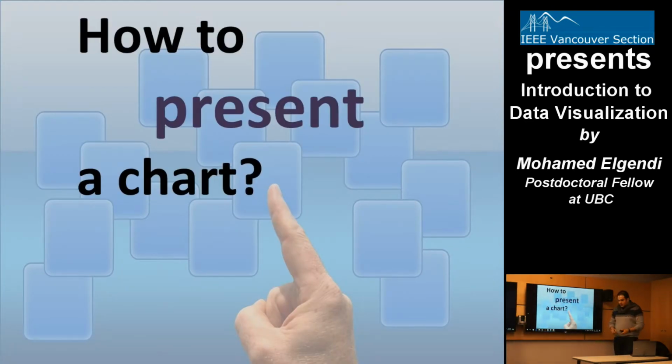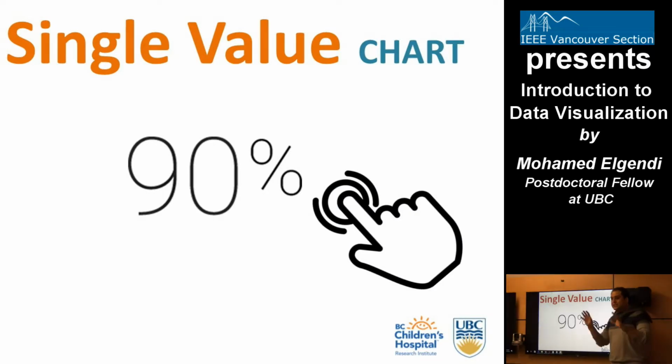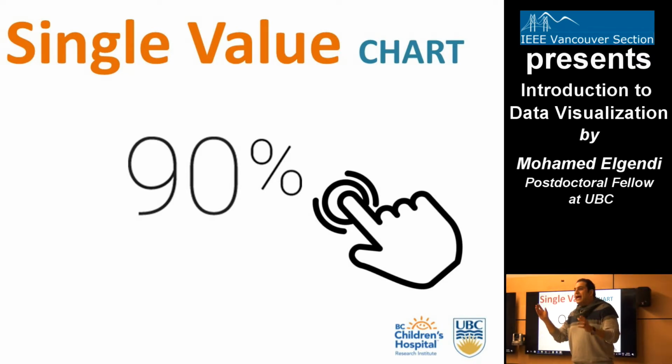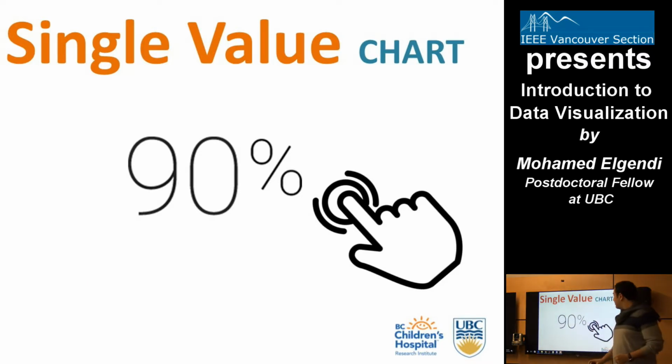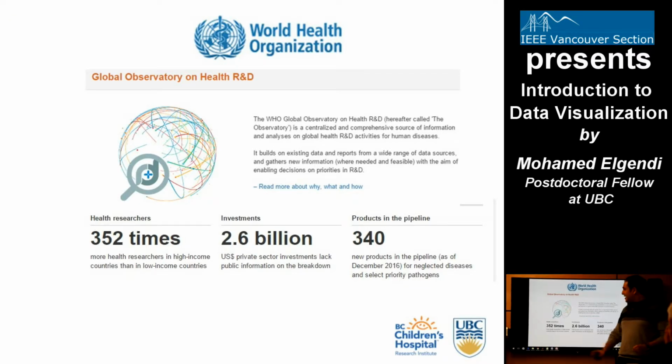I'm going to speak now about single charts. So that's just a number. If you're working with data and the result of your data is just a single value, just present a single value. Here's the WHO, World Health Organization. They come up with that number.